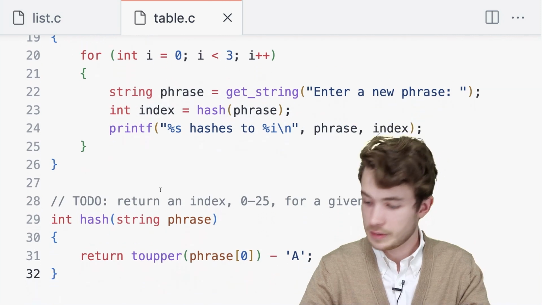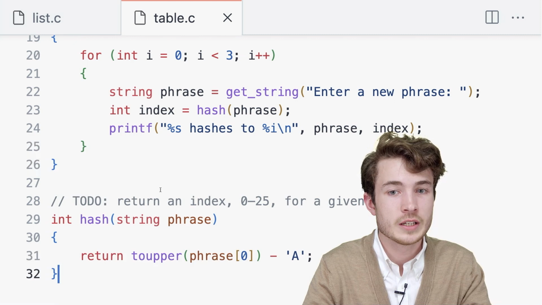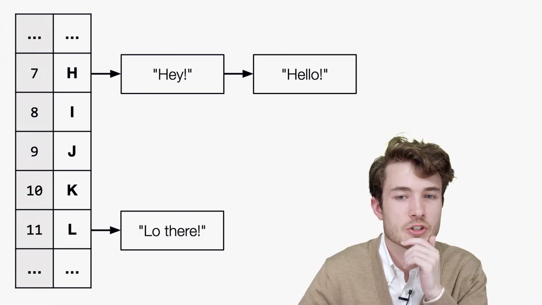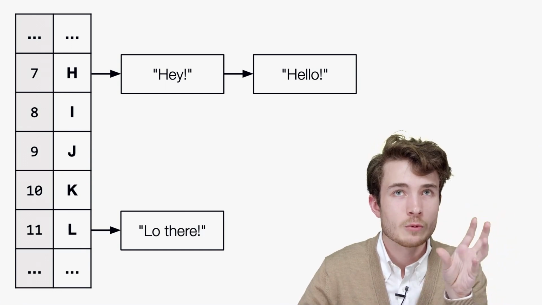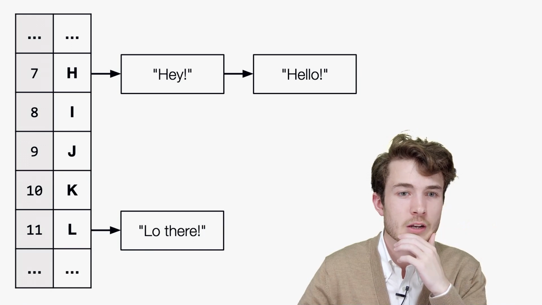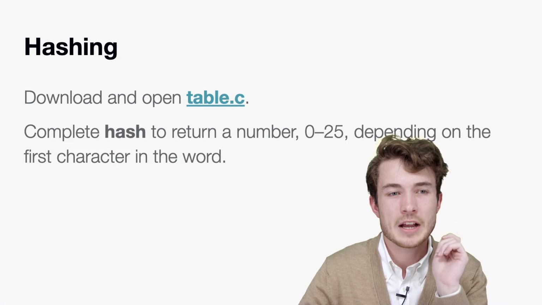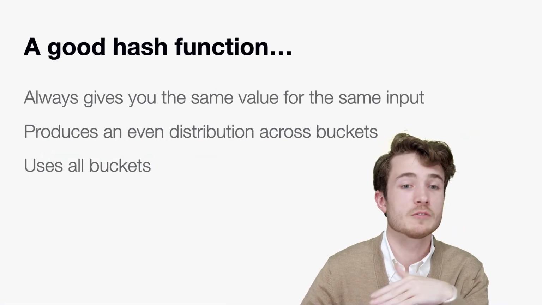Let's go ahead and think about what makes for a good hash function. If we think about this as our very first hash function, this idea of putting nodes into individual buckets, that's not going to be quite what we want it to be. And if we think about how we could make sure we have a better hash function than this, what we could do is make sure we have a good distribution of values across it.